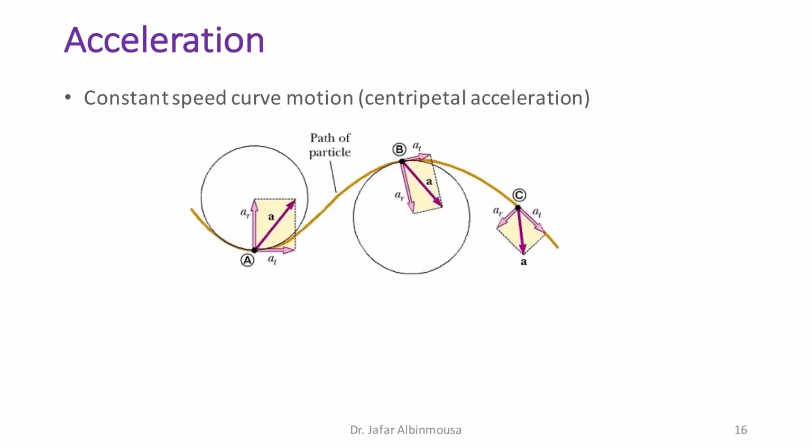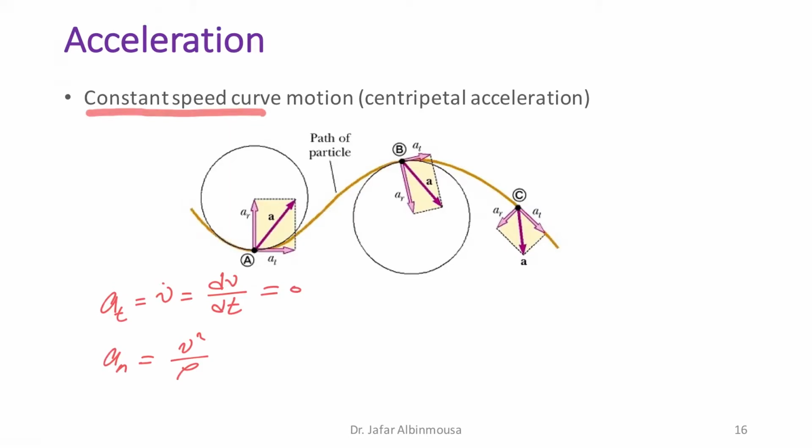Now, on the other hand, if we have a motion over a curved path, but the speed is constant, in that case, we will have at, which is v dot, which is dv over dt, equal to 0, because it is a constant speed motion, while an is going to be v square over rho.